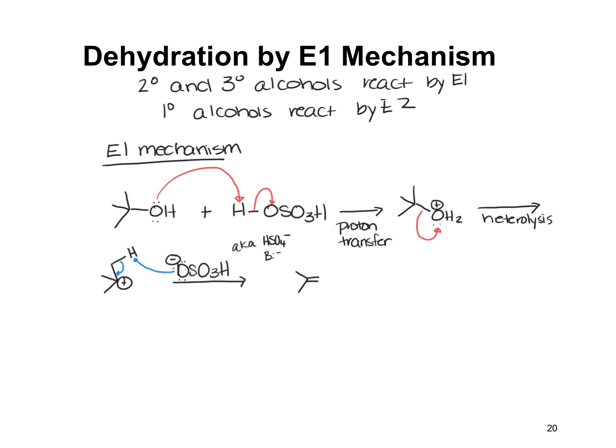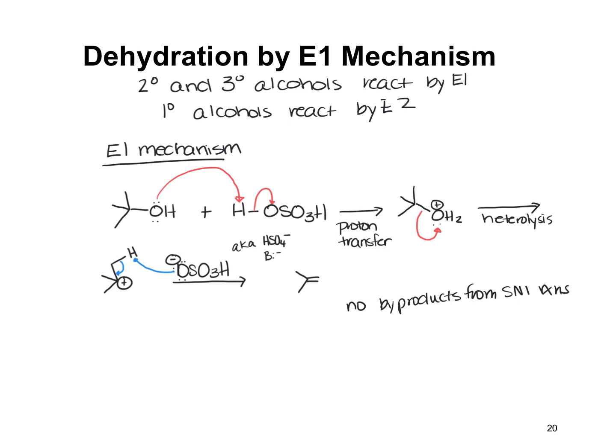Now, E1 dehydration of secondary and tertiary alcohols gives very clean elimination products without any byproducts from SN1 reactions. So you end up with no byproducts from SN1 reactions.